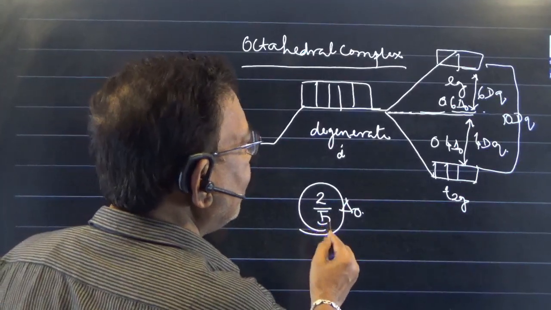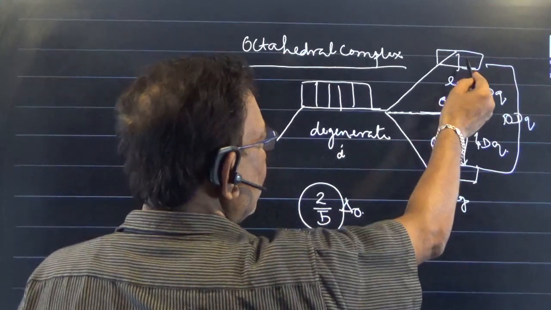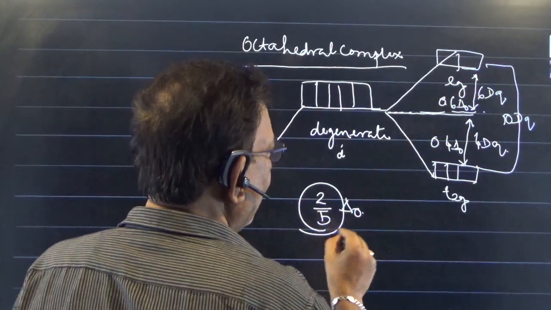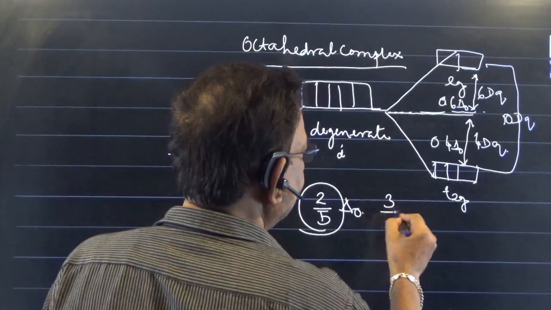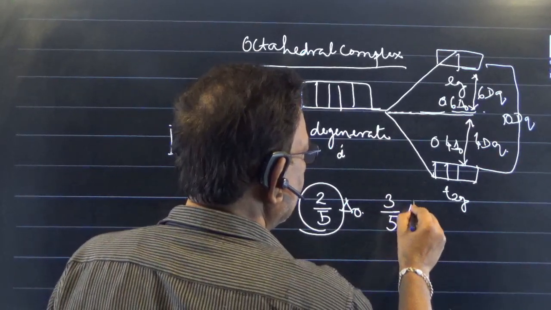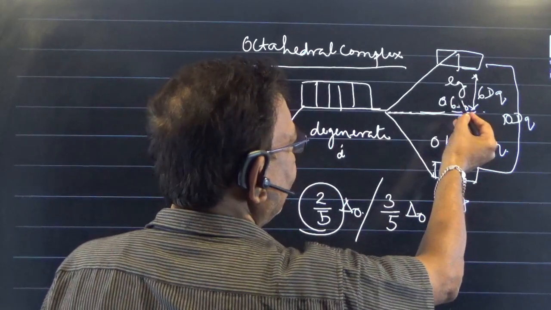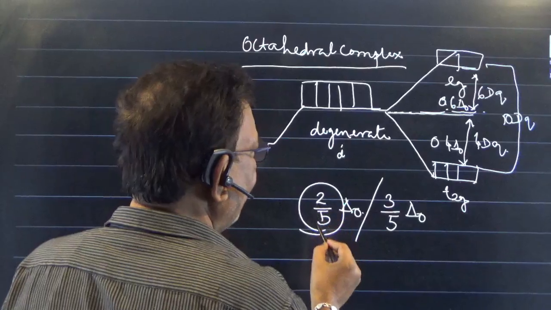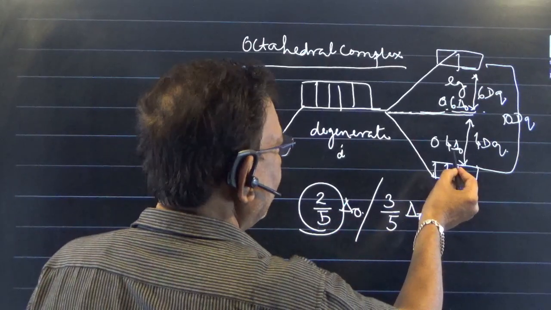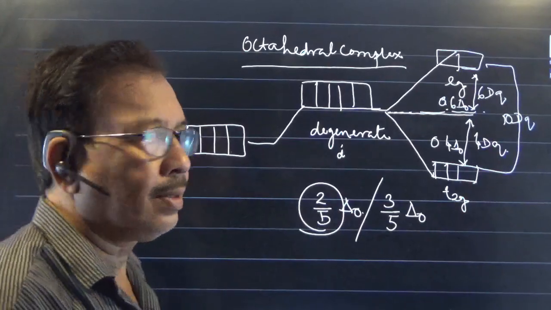Out of a total of 5, 2 is going up, and this is 3 by 5, that means 0.6. This is 2 by 5, that is 0.4. This is for octahedral splitting. Copy it.